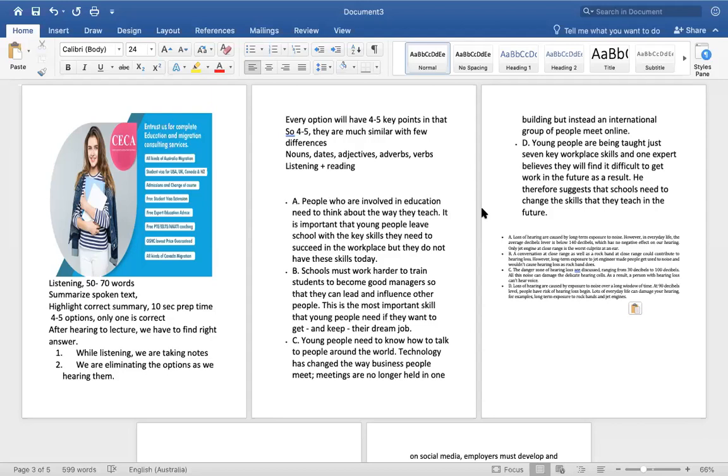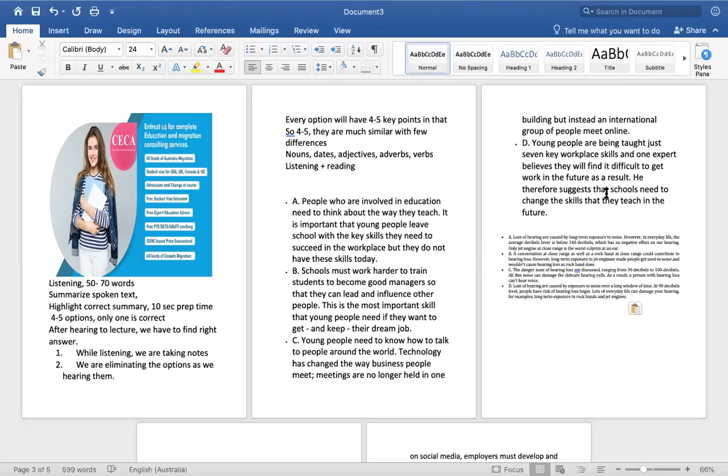Okay, so the right answer here is people who are involved in education need to rethink the way they teach. It is important that young people leave school with the key skills they need to succeed in the workplace, but they do not have these skills today. And if you're giving me D option, just because of 7 key places, that's one thing they mentioned when they began the lecture. So you see, this is like defining skills to get to work in the future.